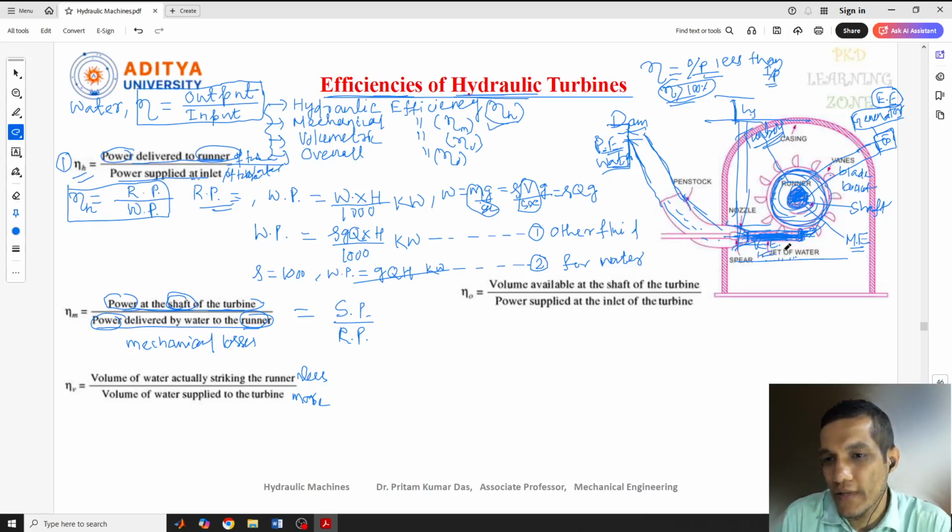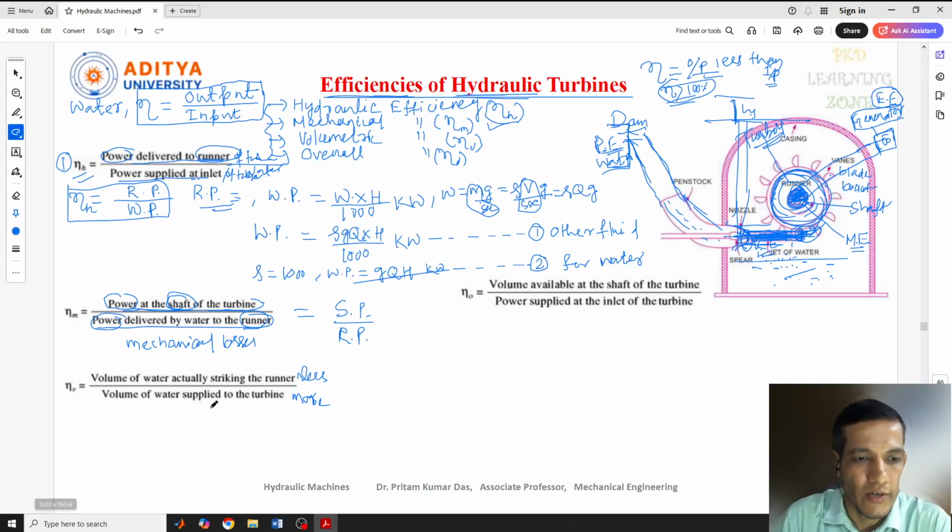Here in this tail race, a few volume of water will be discharged even without striking the runner. So how much volume of water came, that much volume of water does not strike this runner.